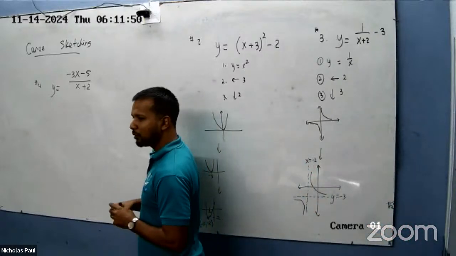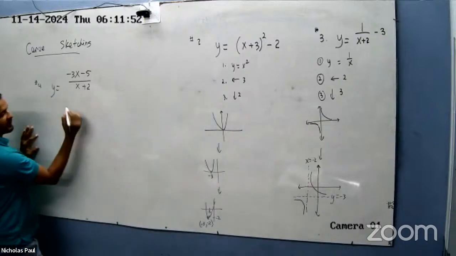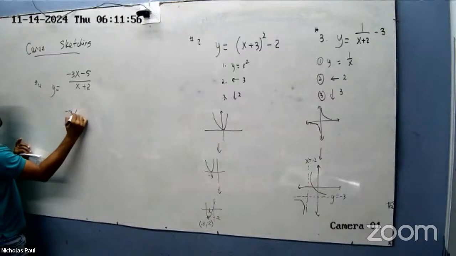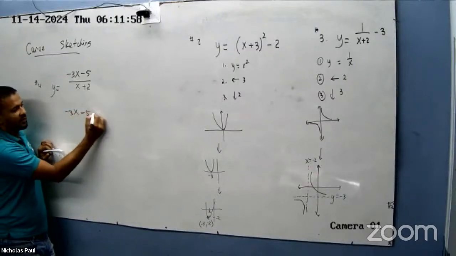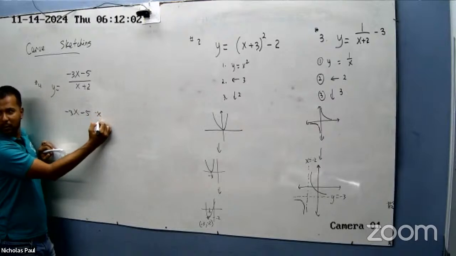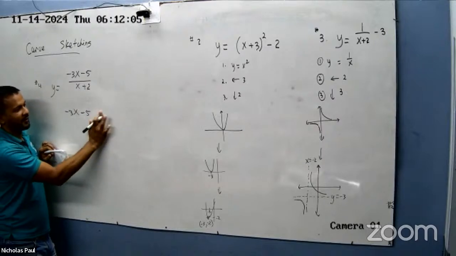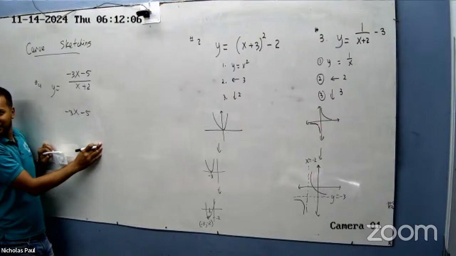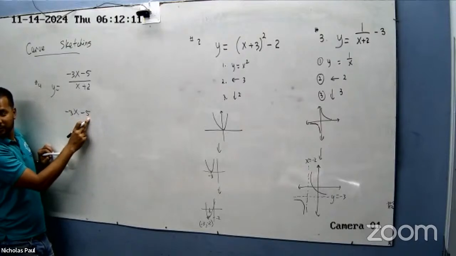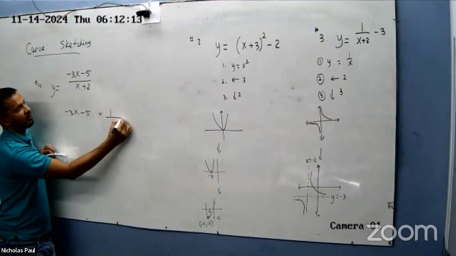So here's what you're saying. Tell me what you're saying. Minus 3x. Alright. Minus 3x minus 5 multiplied by 1 over x plus 2.